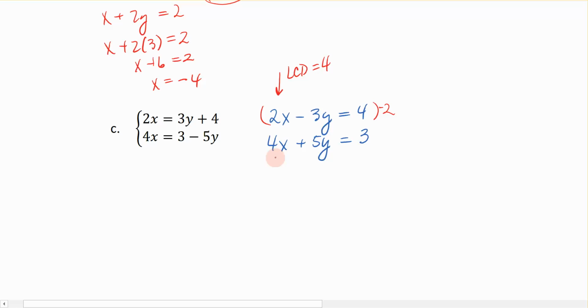Now, I'm going to take a side note here, and I'm going to say, what if I had chosen to get rid of the y's? What would be the least common denominator between a 3 and a 5? The least common denominator, if I wanted to get rid of the y's, would be 15. So I would have to multiply this equation by 5, because that would give me 5 times 3 or 15.